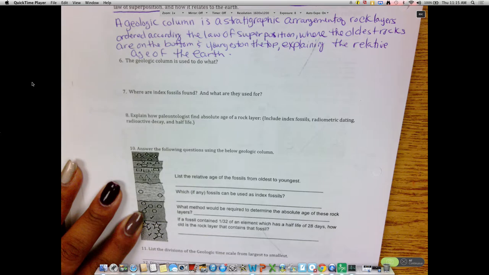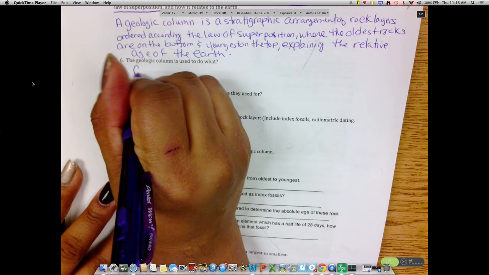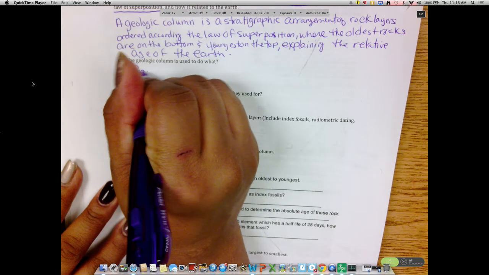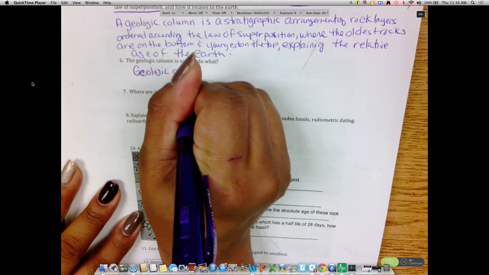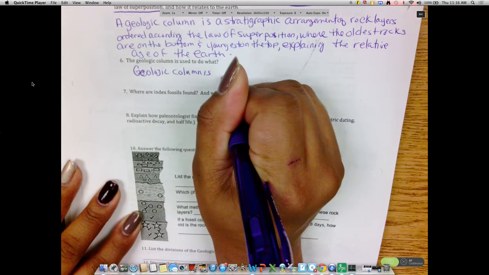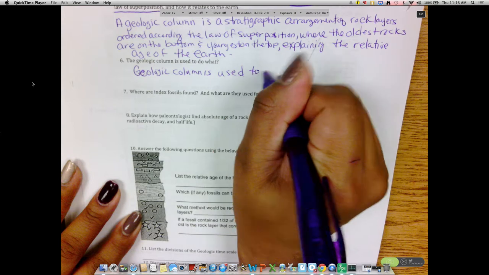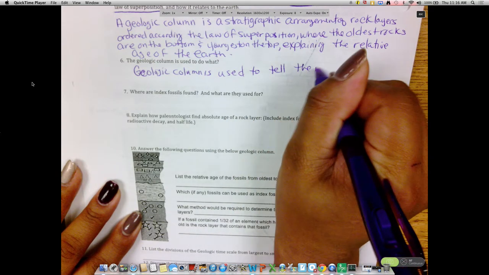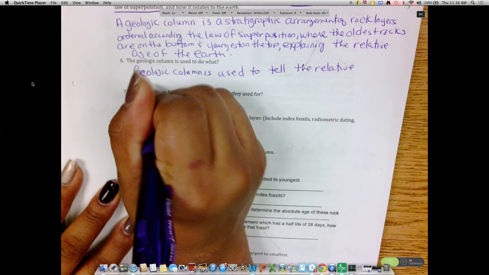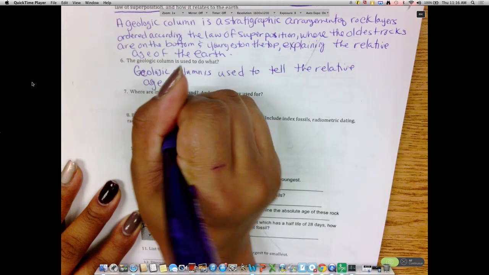Go ahead, Simon. Tell me. Yep, the geologic column is used to tell the relative age of the earth.